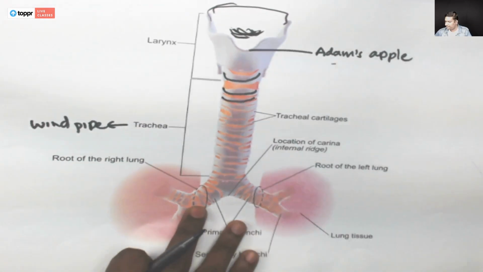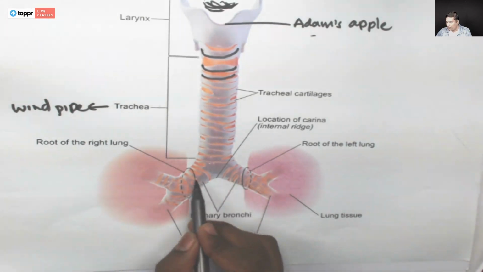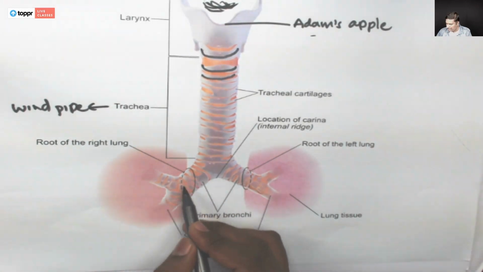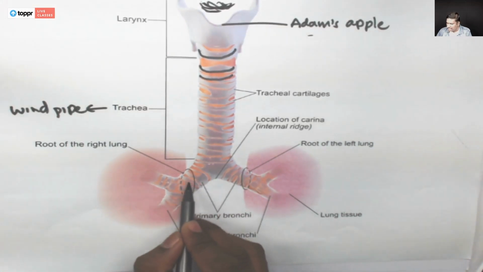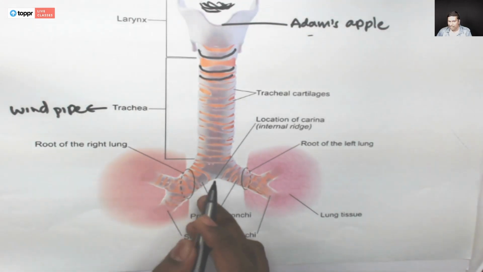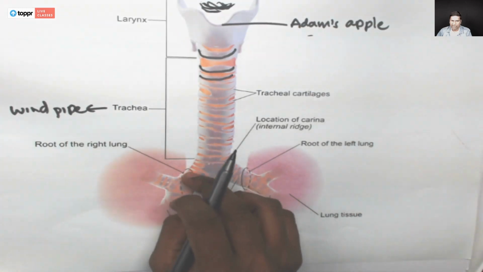You can see here, it splits into two: the right one going into the right lung, and the left one going into the left lung. Just like your trachea, these have cartilaginous rings supporting them, which prevent them from collapsing.